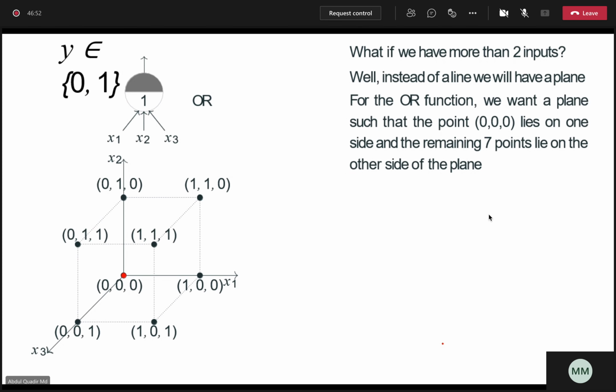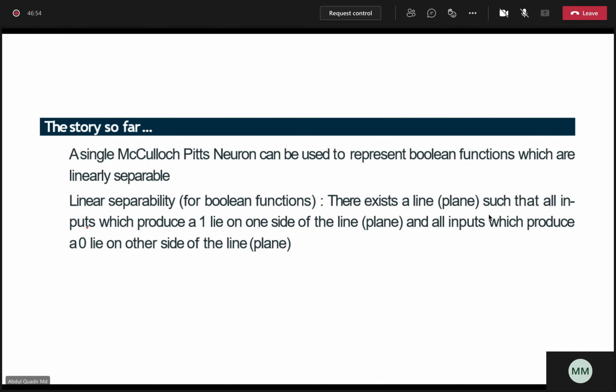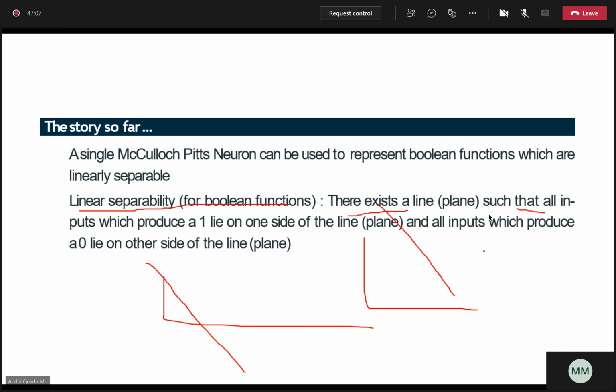So in general, linearly separable for Boolean functions means there exists a line or plane which produces a line something like this. For AND, for OR we saw like this, for tautology we saw like this. Anything above it is classified as 1, and below this it is classified as 0.